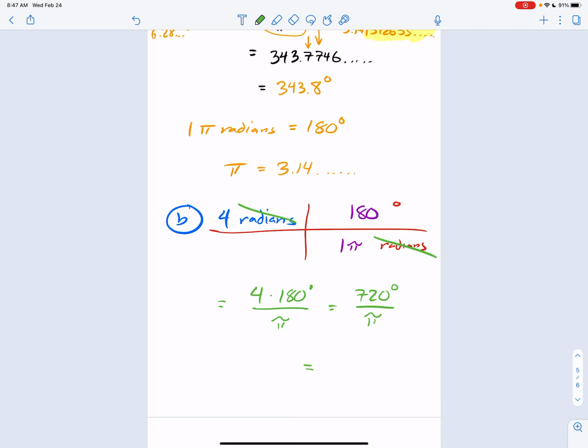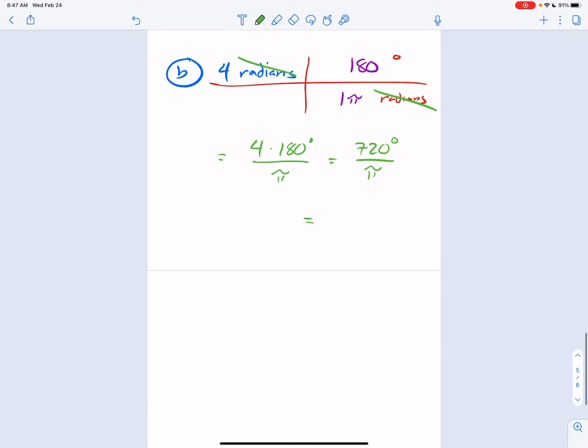Okay, so 720 divided by 3.141592653, right? Or instead of remembering all of those digits, you could just say 720 divided by, and then whichever calculator you're using, find your pi button. And if you did it right, you should get 229.1831, so forth.